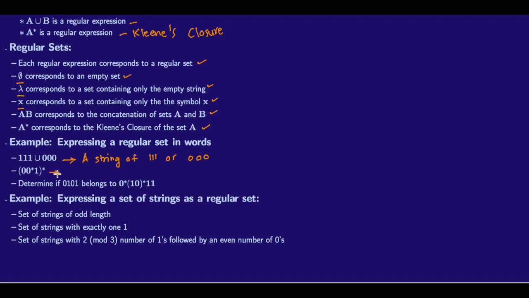Now this one is a little bit tricky. So here we have 0, 0 Kleene closure, 1, and then Kleene closure of the whole thing.